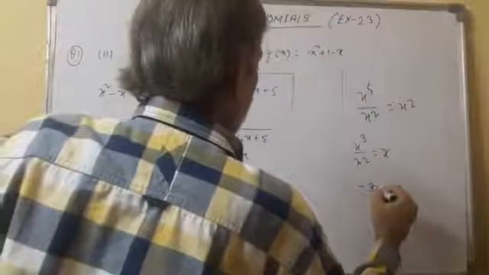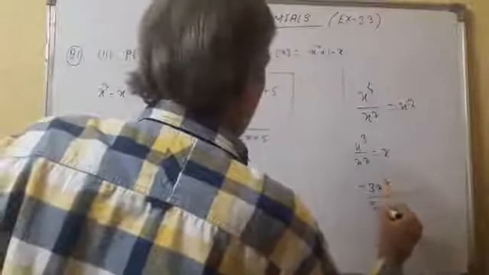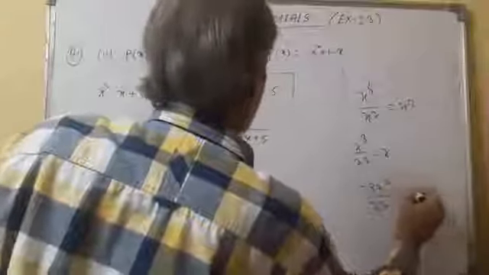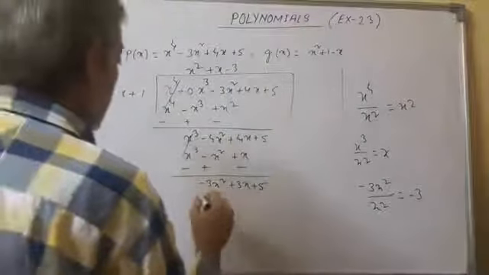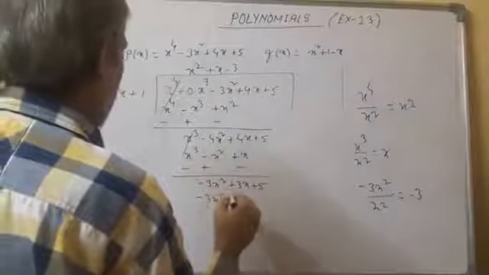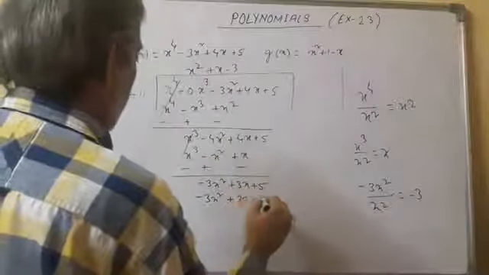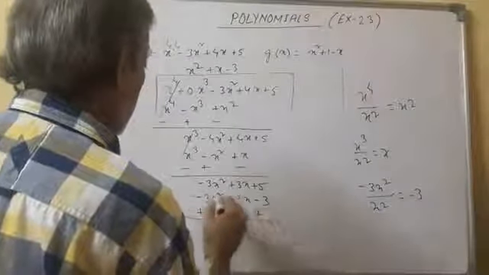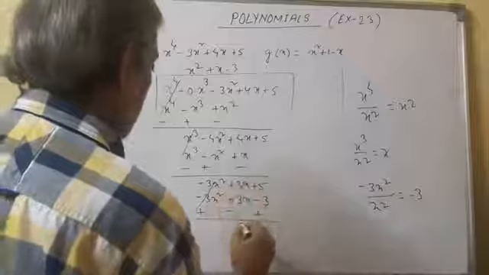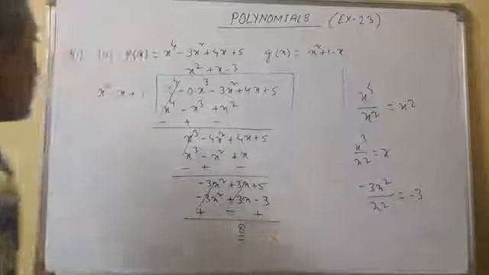Again now minus 3x square divided by x square, we are getting minus 3. So we are getting 8 as remainder.